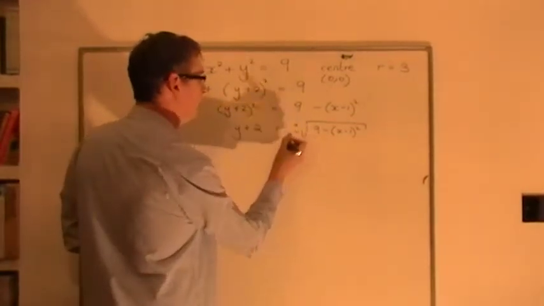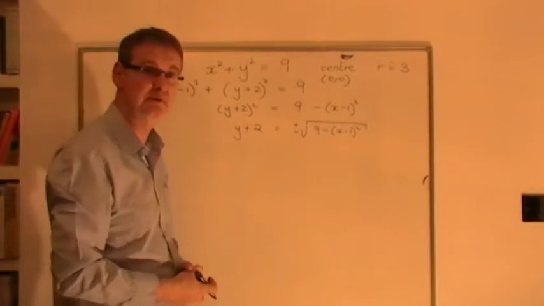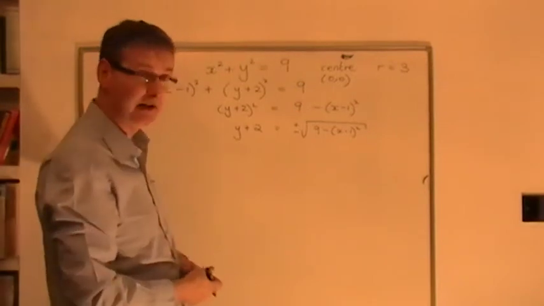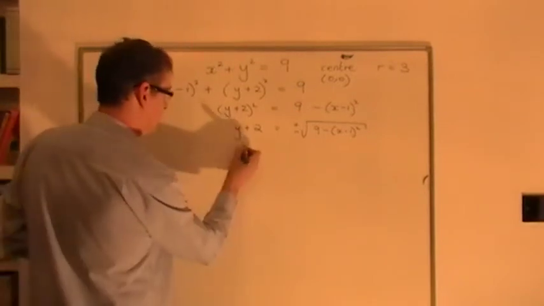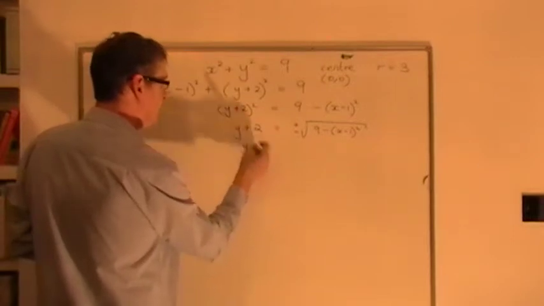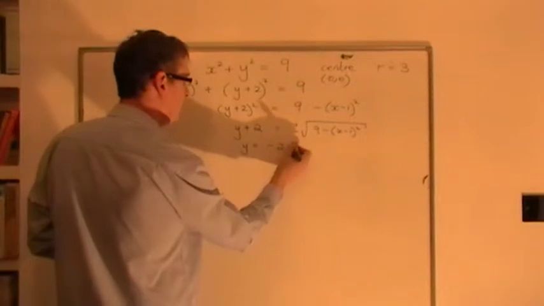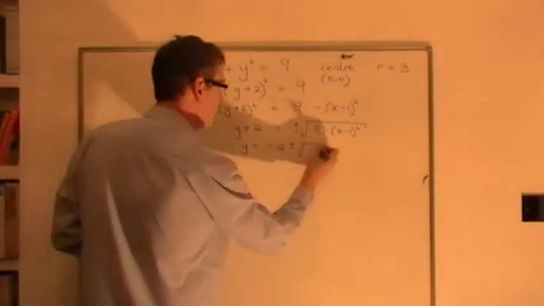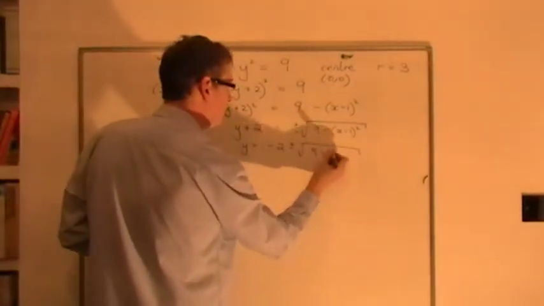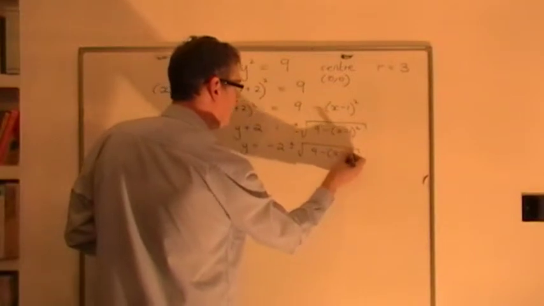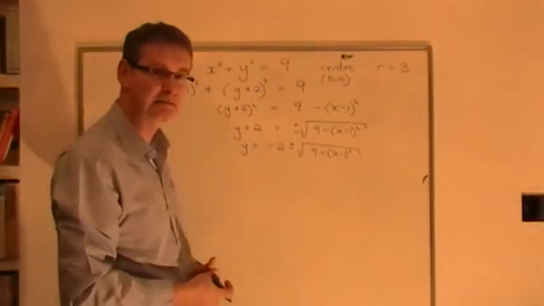So we actually put a plus or minus in front of that square root. Nearly there now. If you want to get y on its own, y will be equal to, if you take the plus 2 to the other side, you get minus 2 plus or minus the square root of 9 take away x minus 1 in a bracket squared.